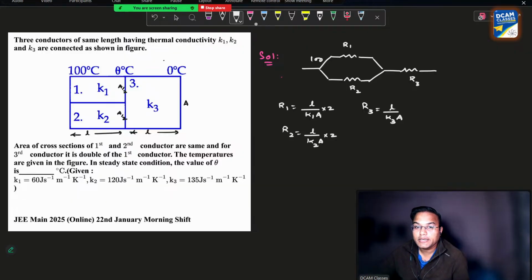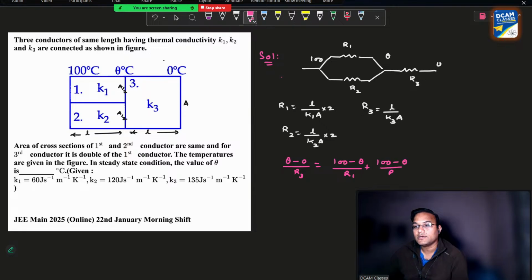Now here the temperature is 100, here is theta, and here is 0. So the equation that I will write is theta minus 0 by R3 will be equal to 100 minus theta upon R1 plus 100 minus theta upon R2. That's I is equal to I1 plus I2 that I'm writing.